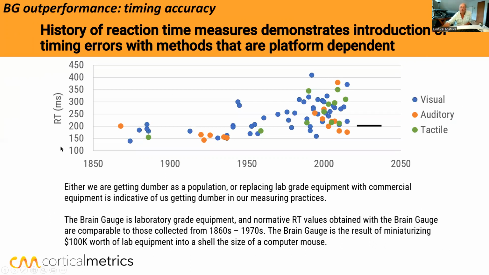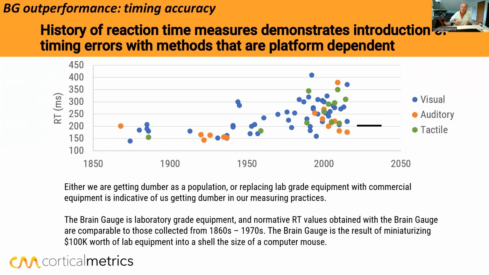Let's look at the history of reaction time. What I mean by reaction time is a simple measure where you deliver a stimulus, and you can do this with any modality. It can be a visual stimulus, an auditory stimulus, a touch stimulus. Don't try to do this with taste, that's a little bit harder.